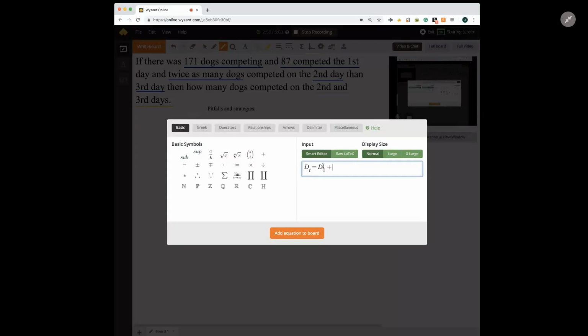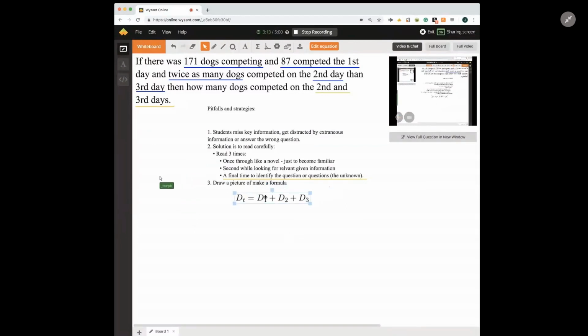Now this is assuming that dogs do not compete in more than one day's competition, which is the only assumption we can make in order to solve this problem. Otherwise it's unsolvable. So here is our first equation.